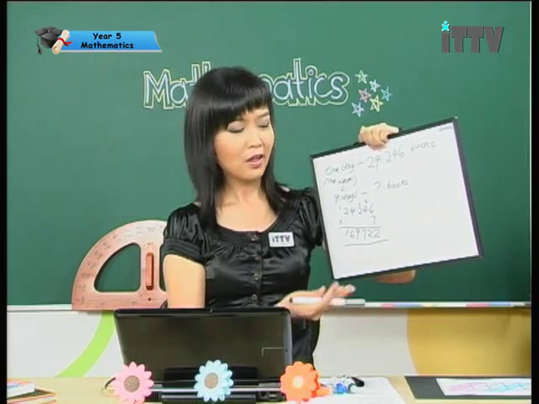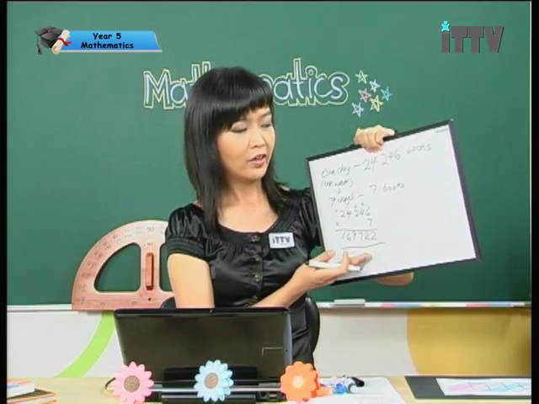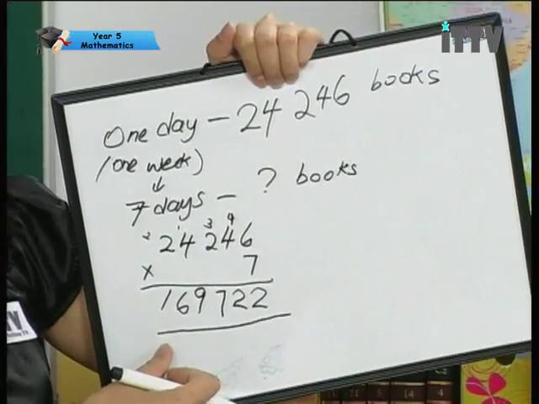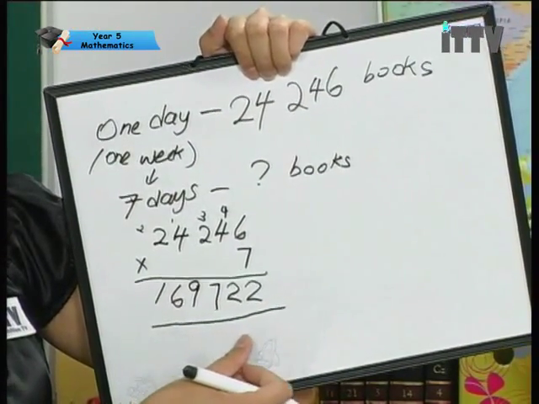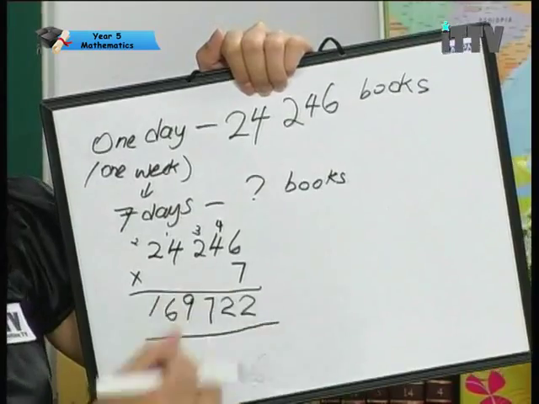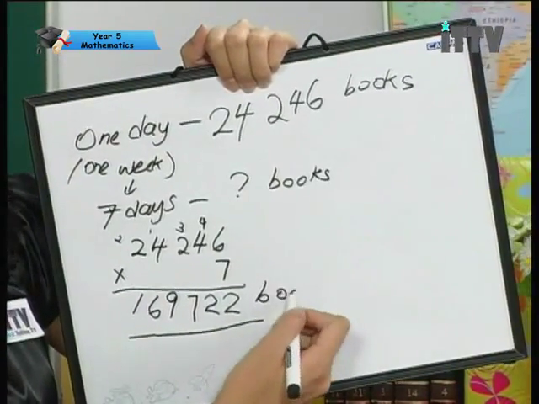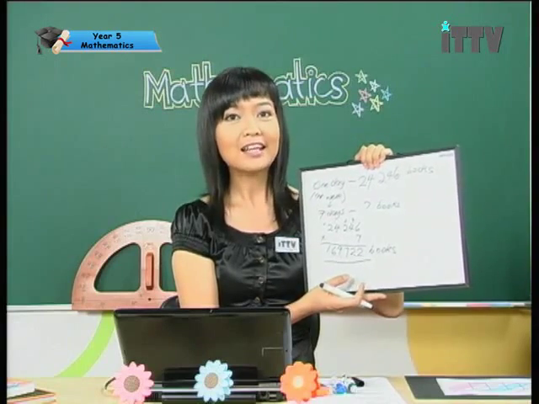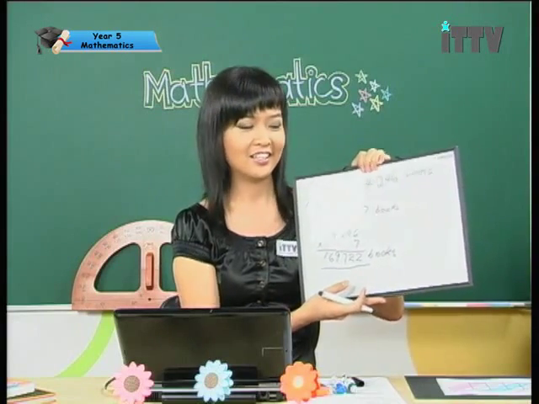Okay. So now, this is the answer that we have. In 1 week, the printing factory prints 169,722 books. But just to be sure, let us check the answer using lattice multiplication.